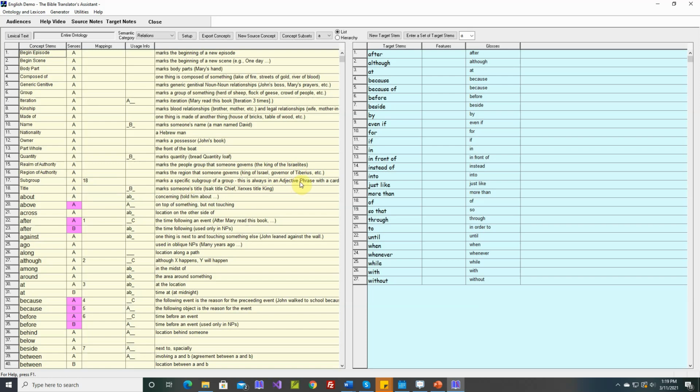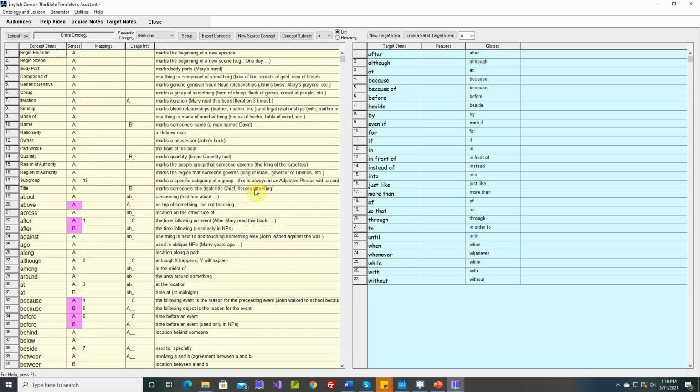This is between an adjective and a noun, like Mary read 2 of those books. John read many of those books. So this one doesn't mark noun-noun. But this last one is another noun-noun marker. It marks someone's title, like King Xerxes. So Xerxes is the head noun. It's modified by this noun, and the relationship between those two nouns is title.